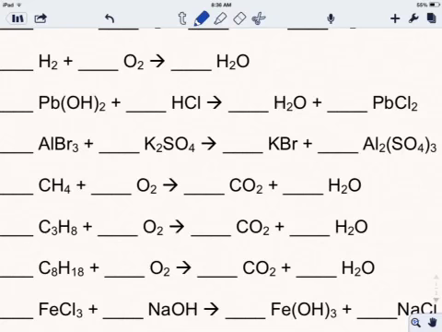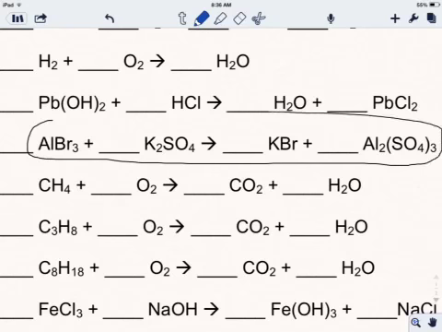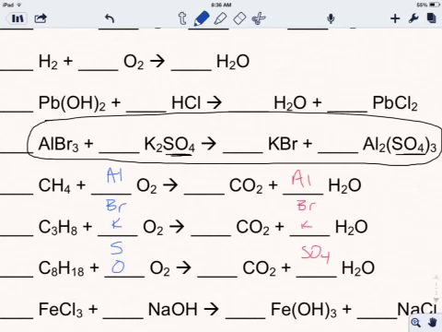What I'm going to show you now is a shortcut. And this shortcut you can use, this is an example problem from your homework. You can use a shortcut if you have a polyatomic ion that's kept together in your reactants and your products. In this example, we have sulfate that's in our reactants and sulfate that's in our products.